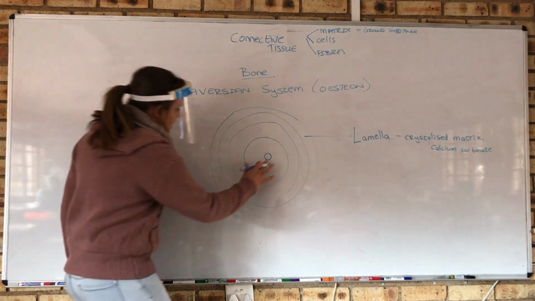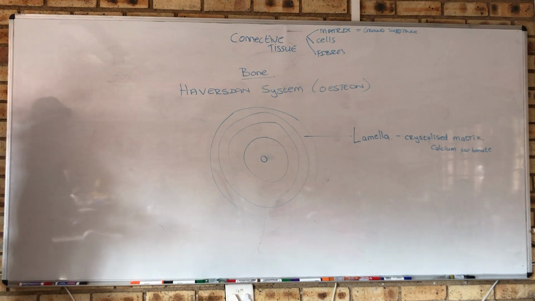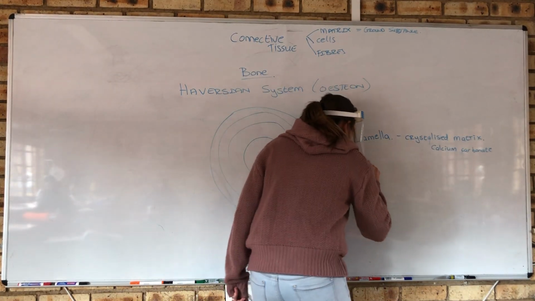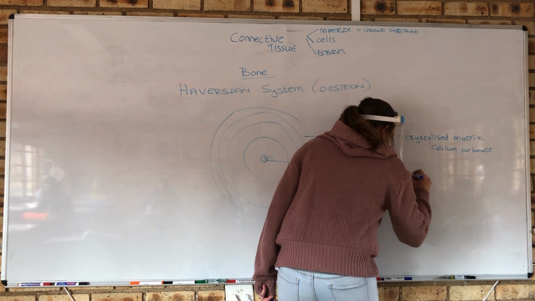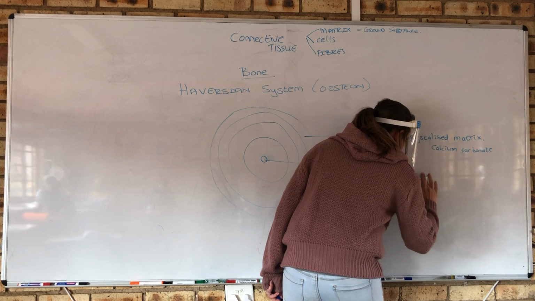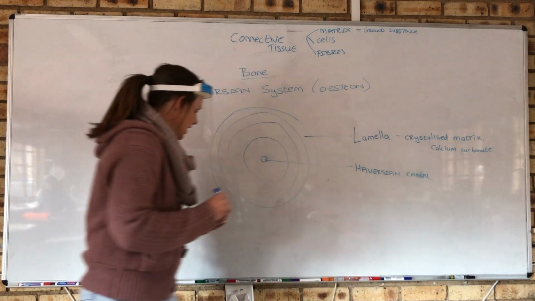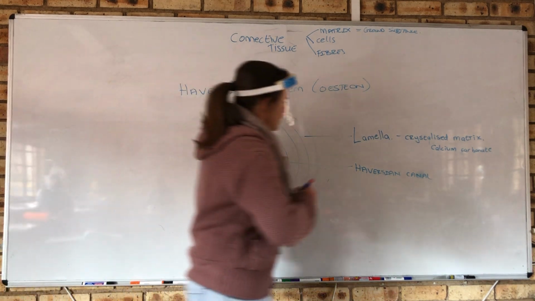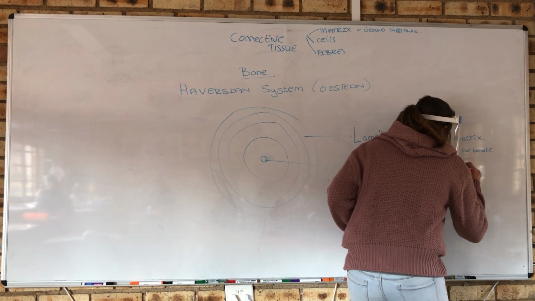Okay, in the center we have this Haversian canal. Everyone happy? Okay. That Haversian canal, let's label it. That Haversian canal has got 4 things in it. It'll have 2 blood vessels.